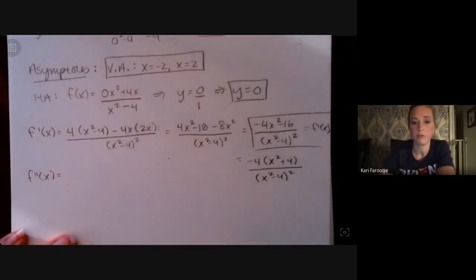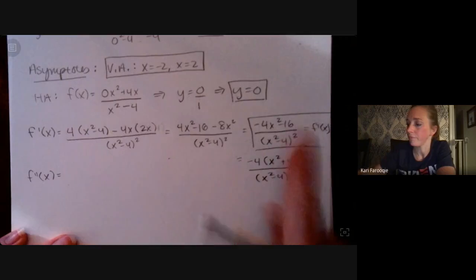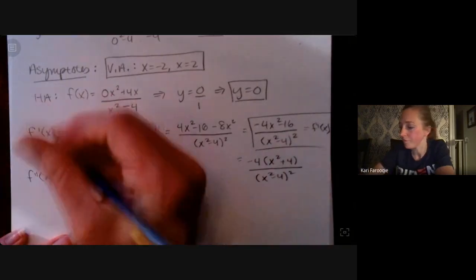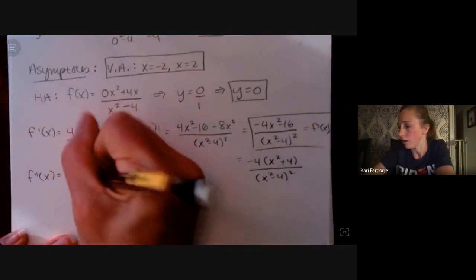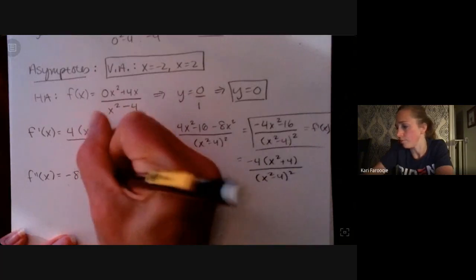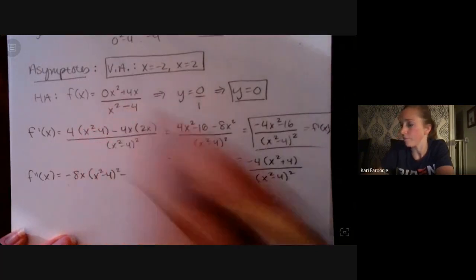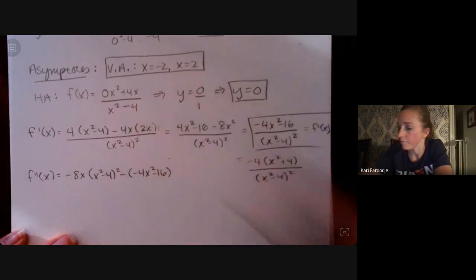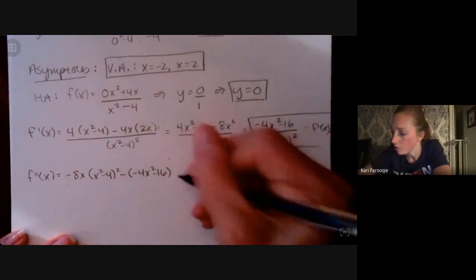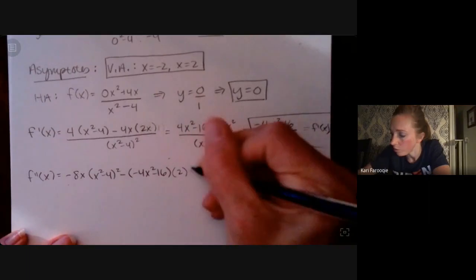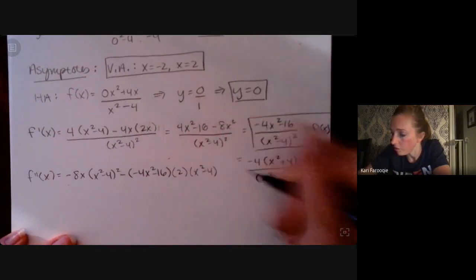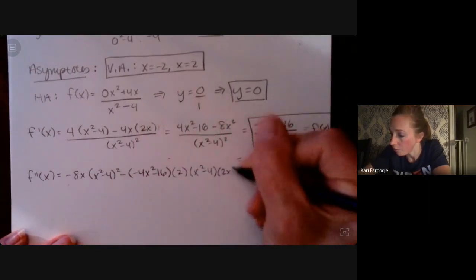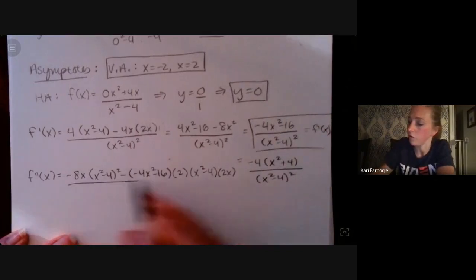All right, let's take f double prime. So f prime is negative 8x times g minus f, and then g prime is where we need the chain rule. So bring down your exponent, rewrite the inside function, take it to the first power, and multiply by the derivative of the inside function.